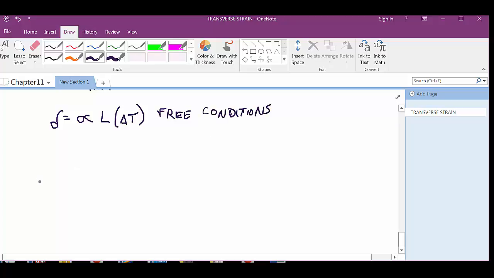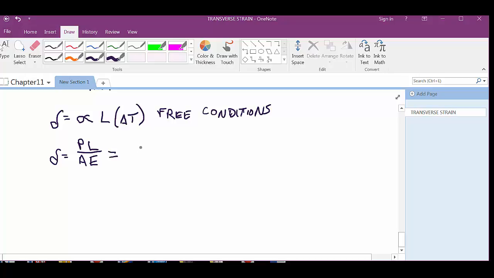Okay, now if you look at that first part, it is allowed to change, but what happens if it's restrained? Then the deformation is going to be the force times the length divided by the area times the modulus of elasticity.